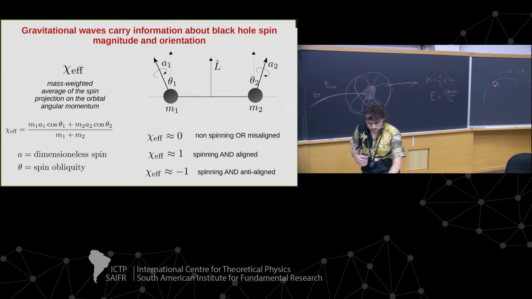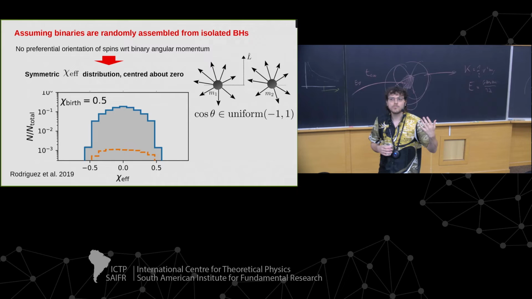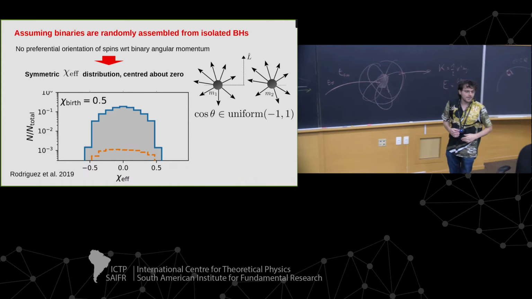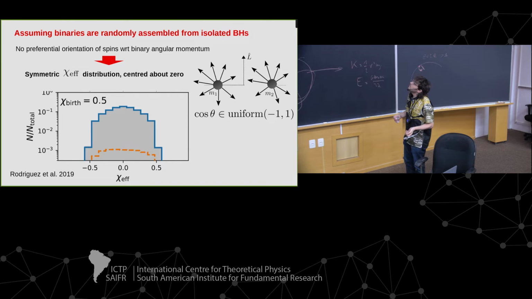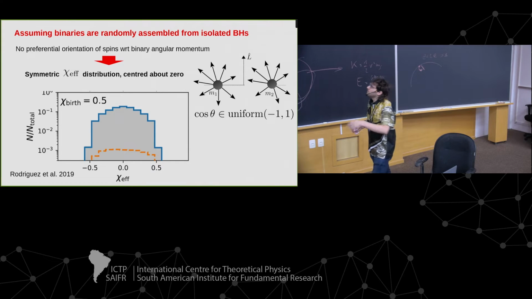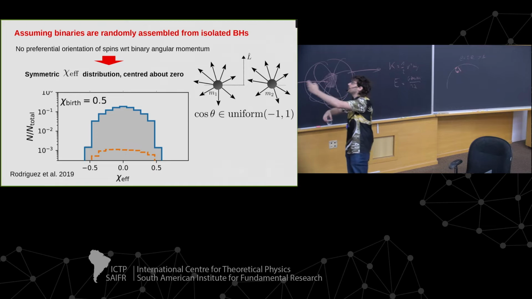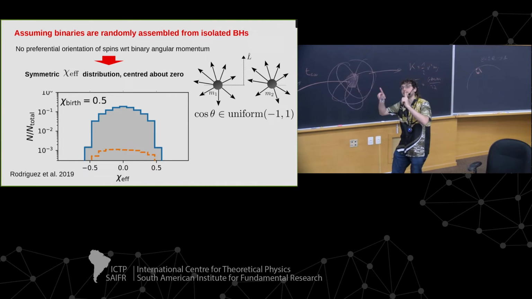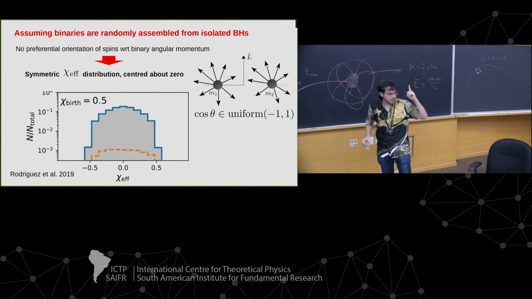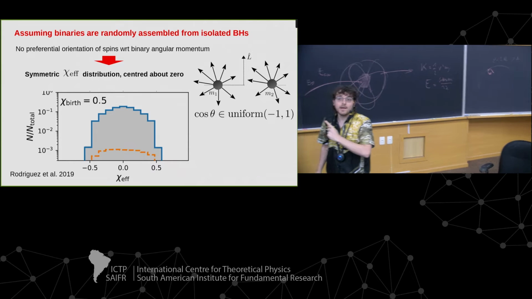So in general, if you have uniform obliquities, you should expect a chi-effective distribution that is centered on 0, all right? So this plot should be perfectly centered on 0. You have an equal balance of binaries with anti-aligned spins, so negative chi-effective, and binaries that have positive chi-effective, so they are aligned. Okay, but there is a caveat, which is that we have primordial binaries in the cluster.